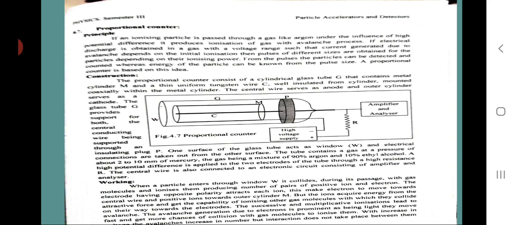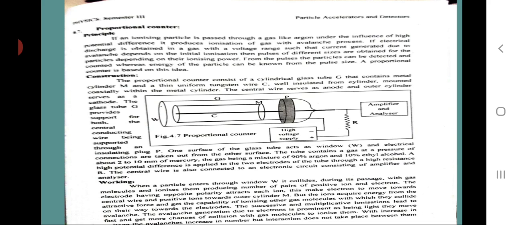The electrodes having opposite polarity attract each ion. This makes electrons move towards the central wire and positive ions towards the outer cylinder M. But the ions acquire energy from the attractive force and gain the capability of ionizing other gas molecules with which they collide on their way towards the electrodes.